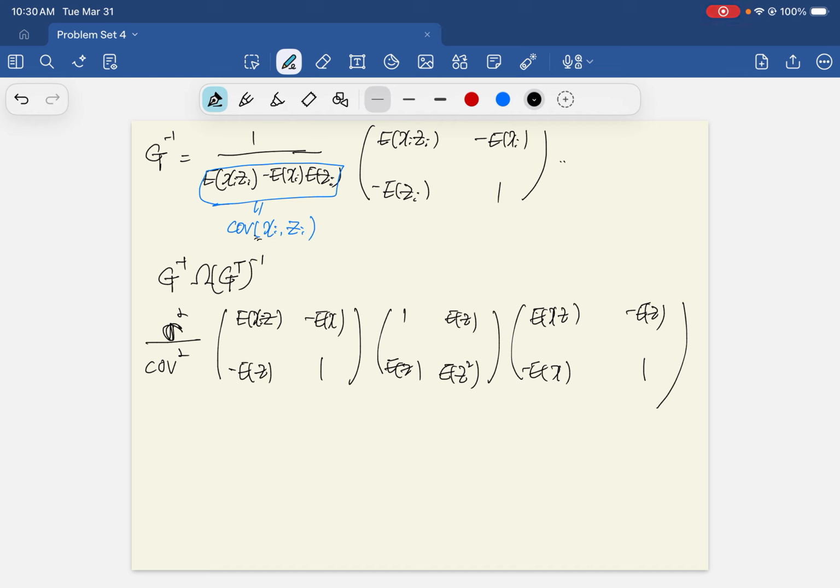You just do the algebra, right? Knowing covariance squared, let's do this.